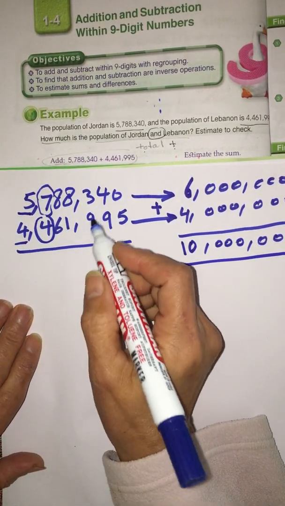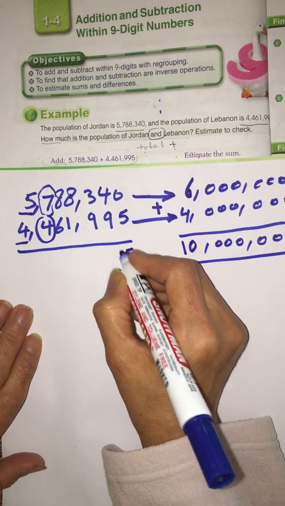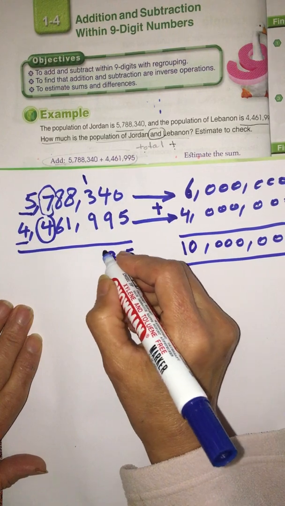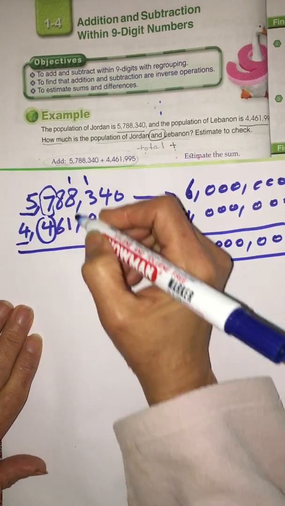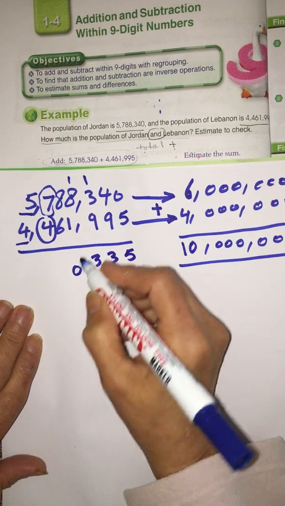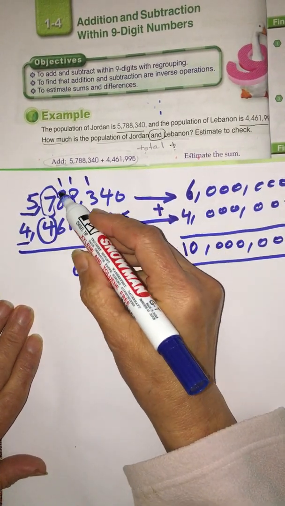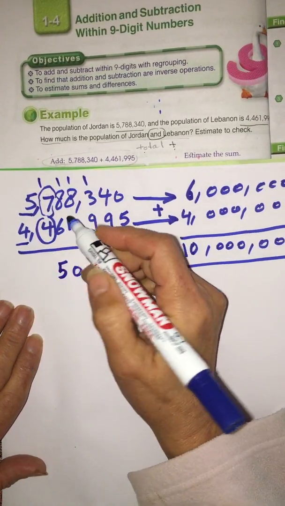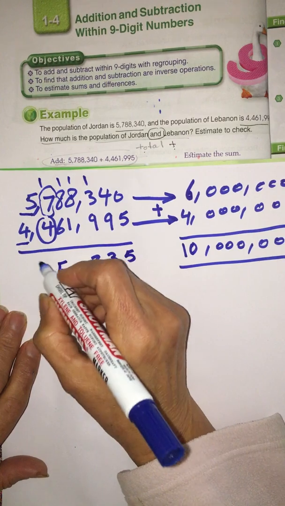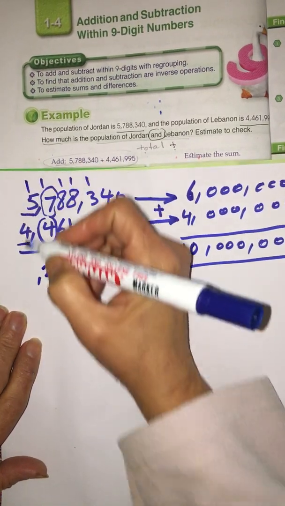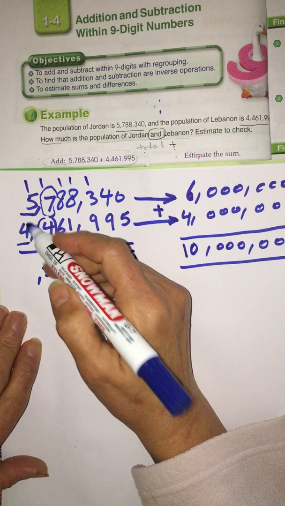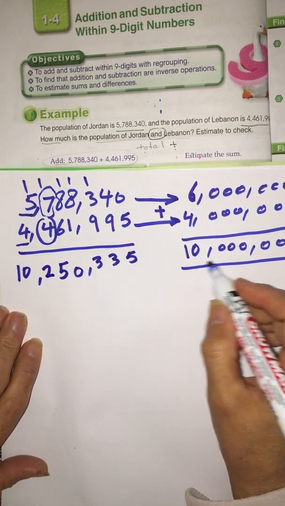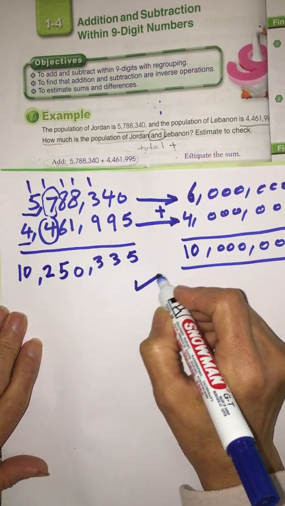Now let's do the exact adding. 5 plus 0 is 5, 4 plus 9 is 13, 1 above the 100, and so on. So the exact answer is 10 millions and the estimation is 10 million, so my answer is reasonable.